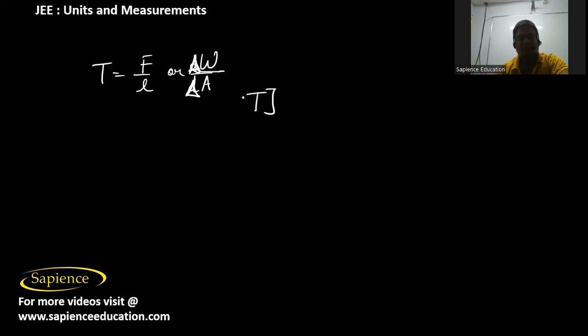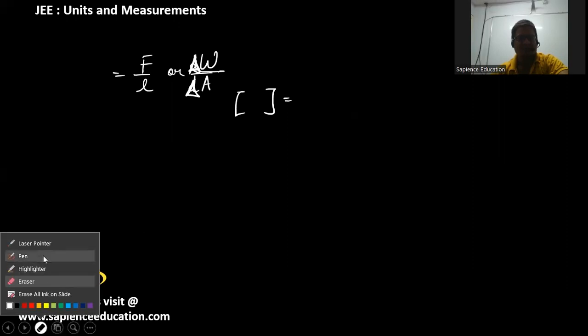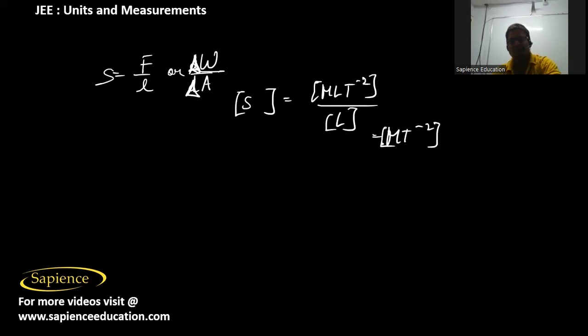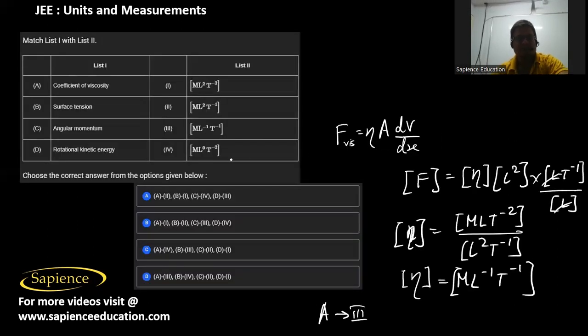So force per unit length. I can call surface tension S. So the dimensional formula for S is M L T power minus 2 by L. That will be M T power minus 2, or M L power 0 T power minus 2. So it means B matches with 4.